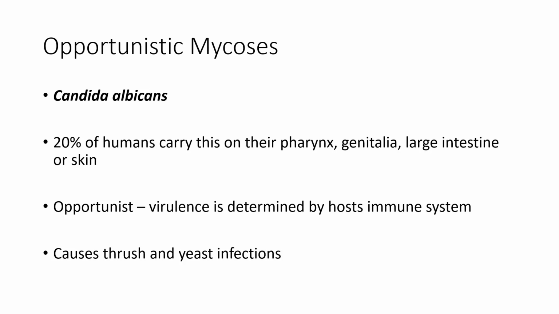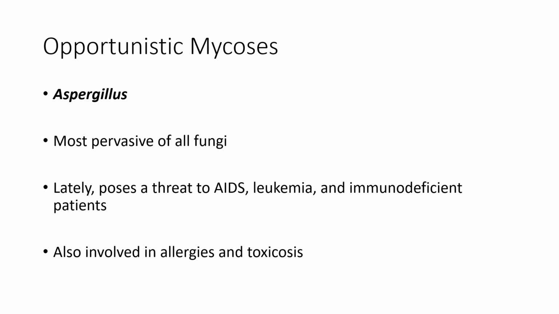So you can have this on or within your body, and you'd never know because your immune system's taking care of it for you. But once again, if it slips past due to your weakened immune system or something like that, it can cause thrush mouth and yeast infections. I've saved you a bit of pain of looking at images from that, so no need to thank me. I'm not showing that for this PowerPoint.